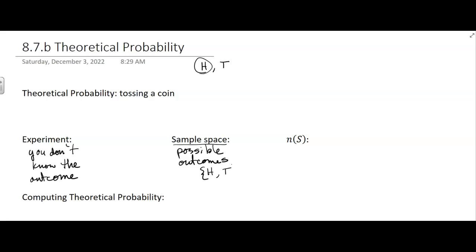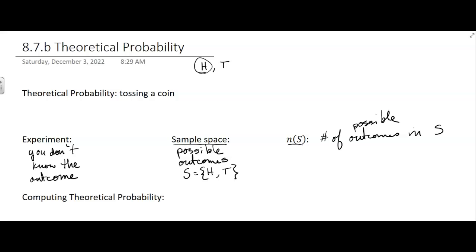Now, they'll write this oftentimes as a set in set notation. Sample space is S. So S is you're either getting heads or tails. Two choices. N of S, that's the number of outcomes in your sample space. I guess we could say the number of possible outcomes.